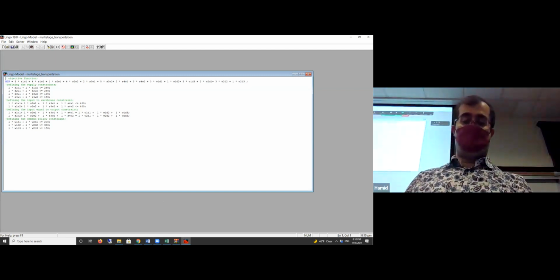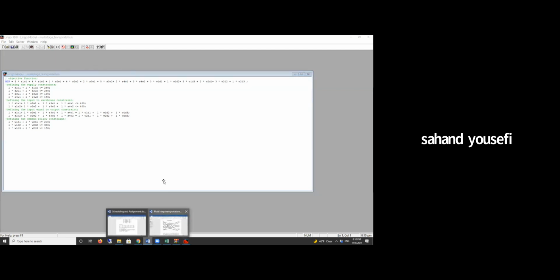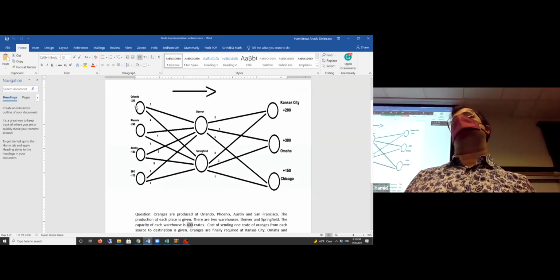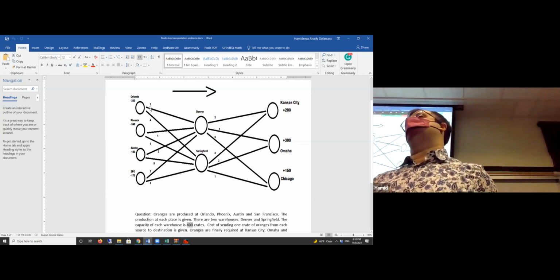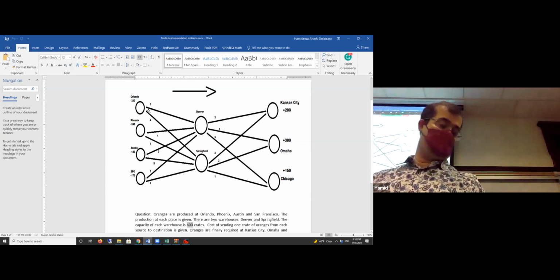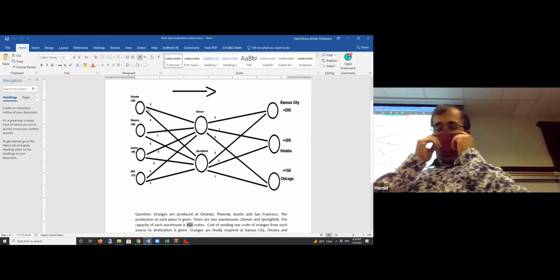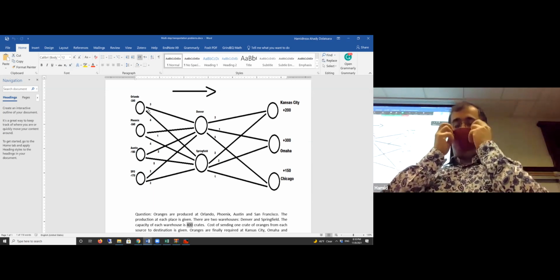Let me show it on the problem. S1 is Orlando. W1 is Denver. Look at 3. The cost associated with that link is 3, right?